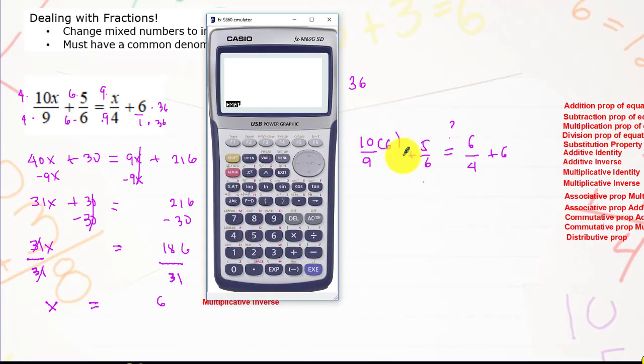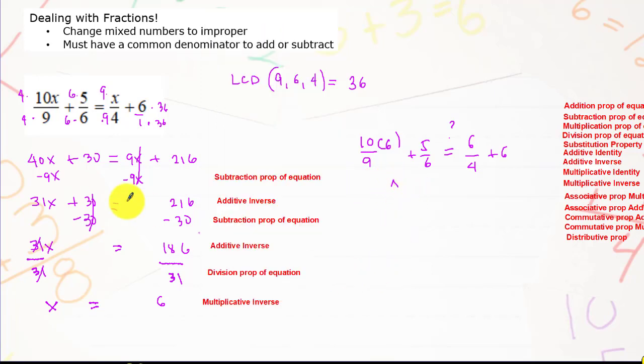Alright, let's verify. So 10 over 9 times 6 is 20 over 3 plus 5 over 6, which is equal to, oops, that should be 15 over 2.